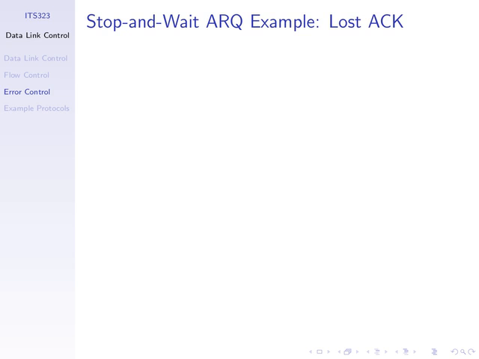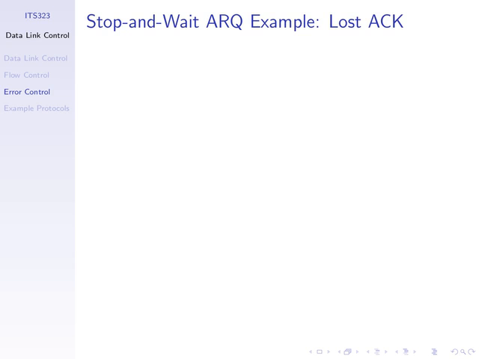It arrives. What does B do? It needs to discard this data. B has already received the data in this frame. So we've received the frame successfully.